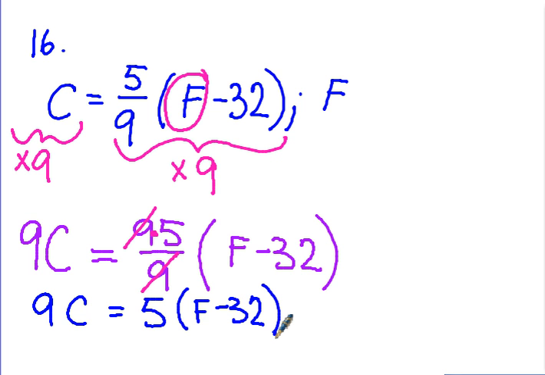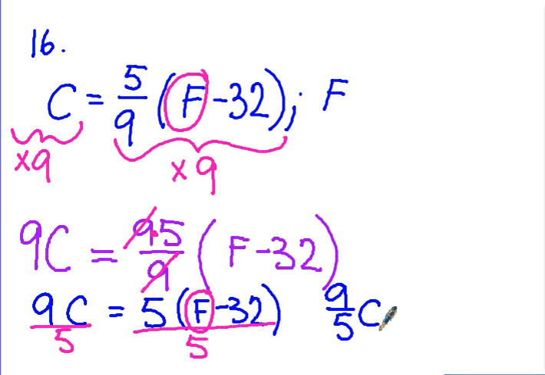Now we need to get the f all by itself. And we still have parentheses. So what we need to do is undo the multiplication to get the contents. We were multiplying by 5. Now we have to divide everything by 5. So what we get on the left hand side is 9/5 c is f minus 32.